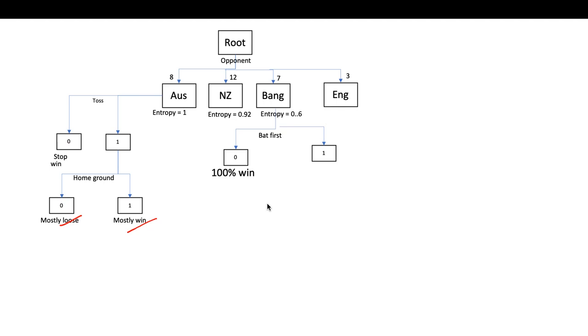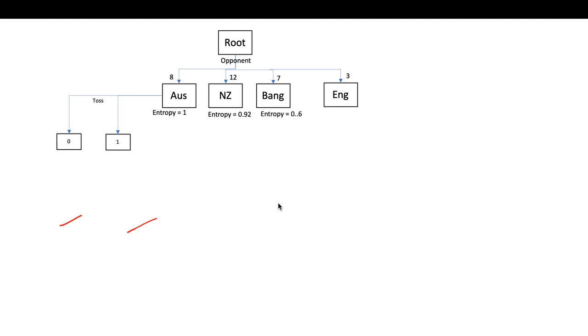Some other important facts: if we go back to our initial table, you see it's a categorical column. If it's a continuous column, you would like to choose the split in such a way that the variance in the column reduces.